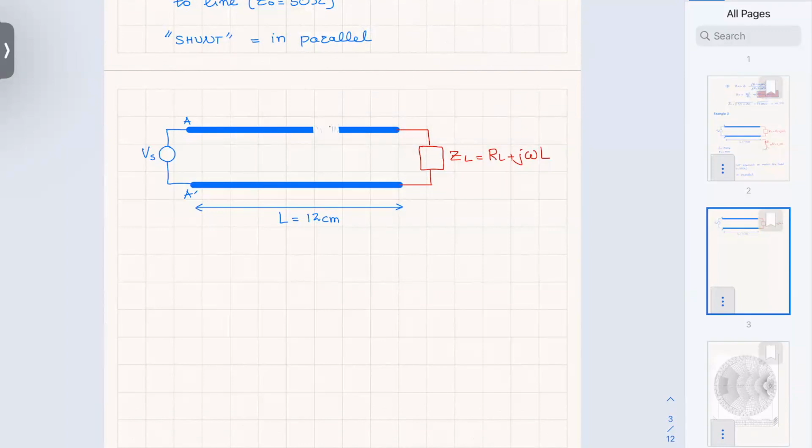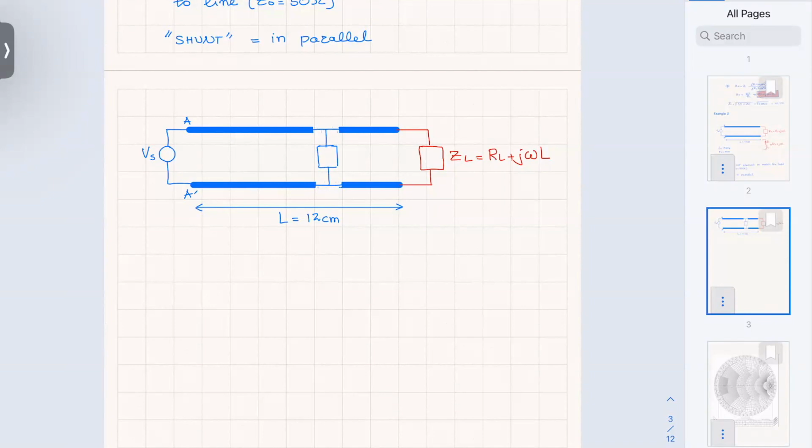It looks bigger than it really is because we have to be able to see it. But here, I will put an element in parallel, which means I'm going to connect this like that and then put an element, which I don't know what it is yet.